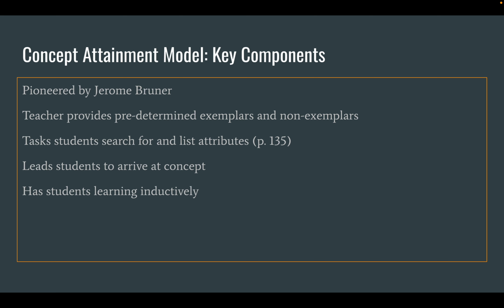In this model, the teacher provides students with examples and non-examples of a particular concept. Students are able to understand what that concept is by examining the exemplars for particular attributes, and by using those attributes, which are not previously disclosed by the teacher, they will come to a concept that is important in that particular domain.